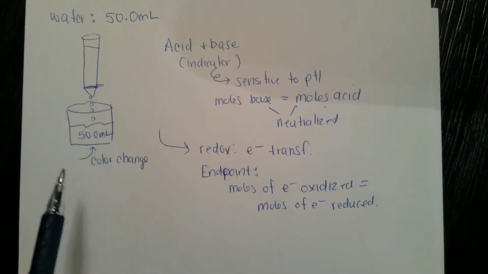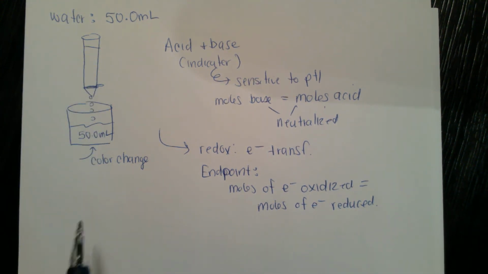So we use permanganate. In this example, potassium permanganate, but it could be sodium permanganate. Chromate and permanganates are both used quite often because they have a very vivid color associated with them. So you can get your endpoint just by looking at the color.